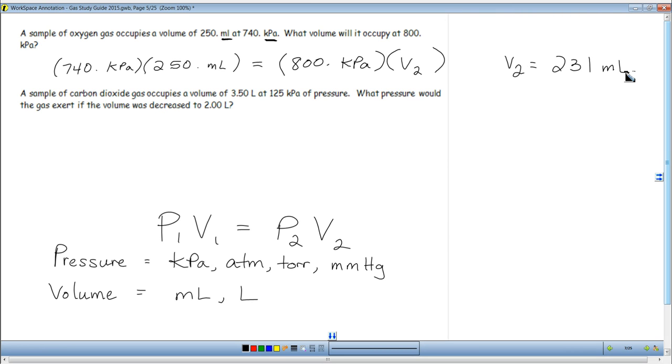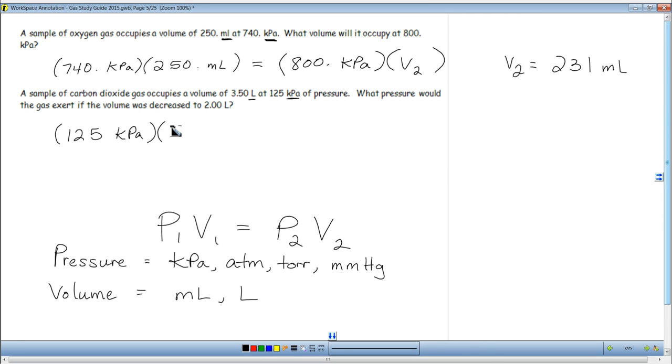Done. So easy. A sample of carbon dioxide occupies a volume of 3.5 liters at 125 kilopascal of pressure. What pressure would the gas exert if the volume decreases to 2 liters? Plug and chug. P1 is my original pressure, 125 kilopascal.